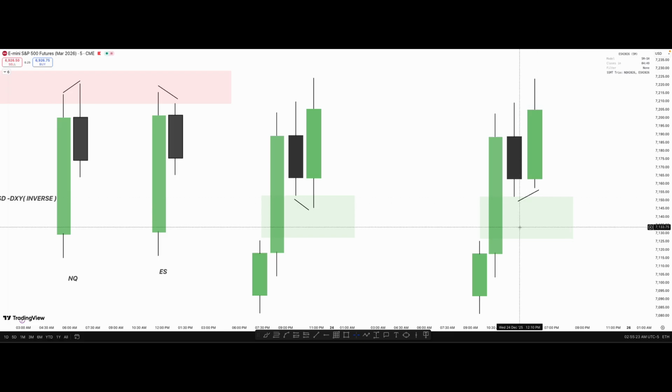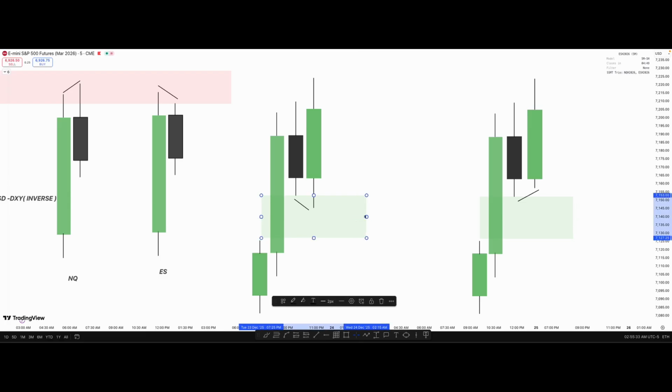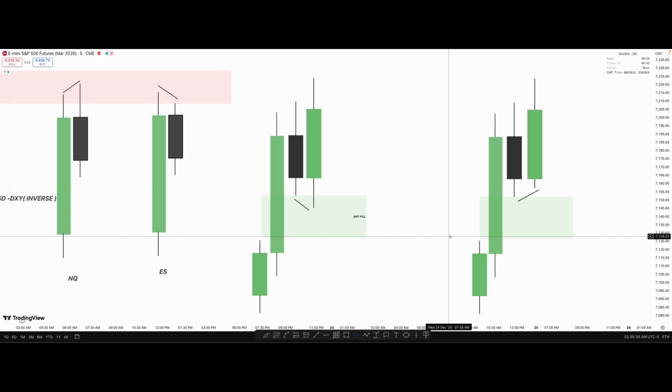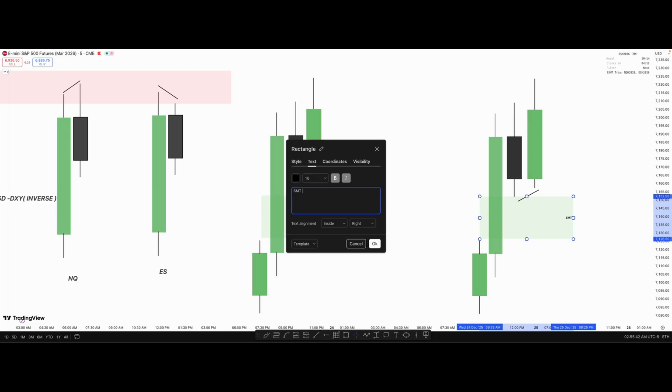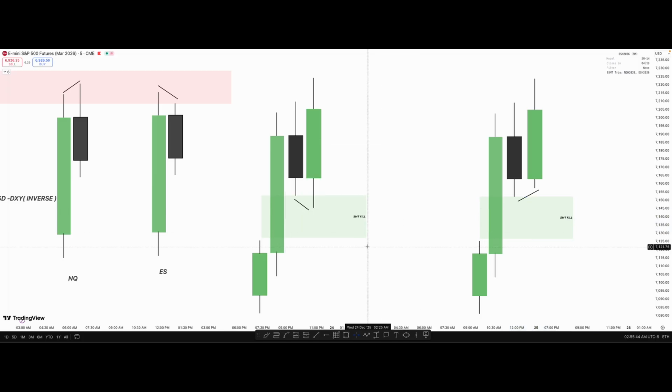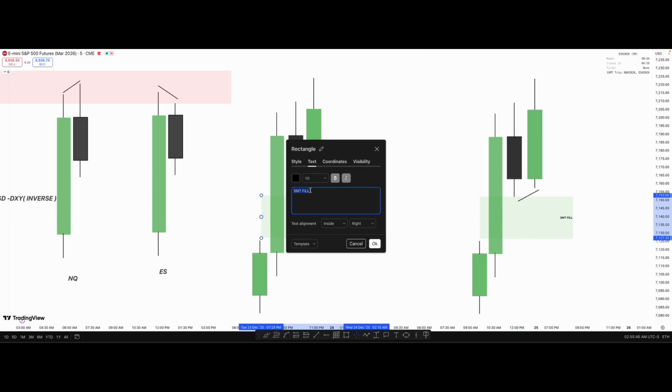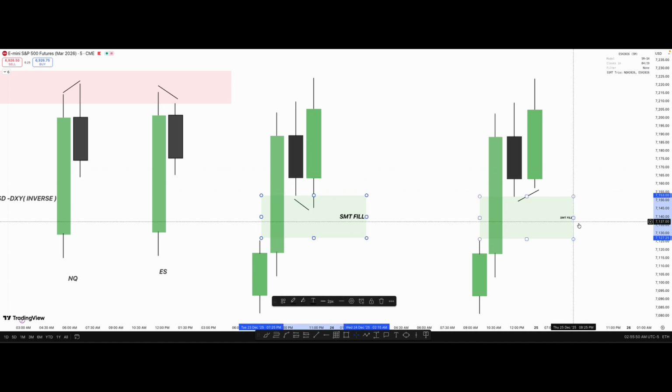And one more thing is what? First, look, and I think I have talked about this. This is SMT fill. At one time there are two concepts being understood.